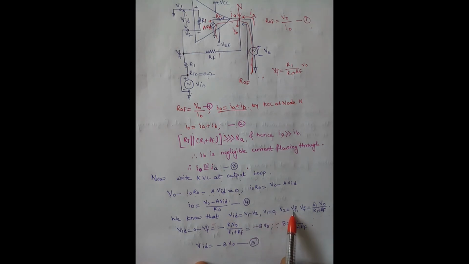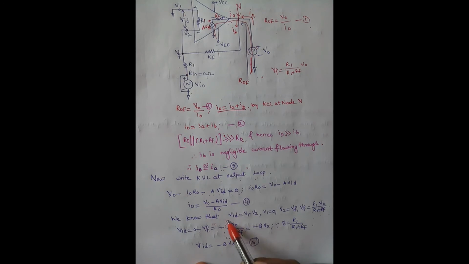V1 is 0. V2 is VF, and VF is R1 into V0 by R1 plus RF. When we substitute into VID, it is 0 minus VF, or minus R1 into V0 by R1 plus RF. That can be written as minus B into V0, because this factor represents the gain of the feedback network B, R1 by R1 plus RF. So the differential input voltage VID is minus B into V0.